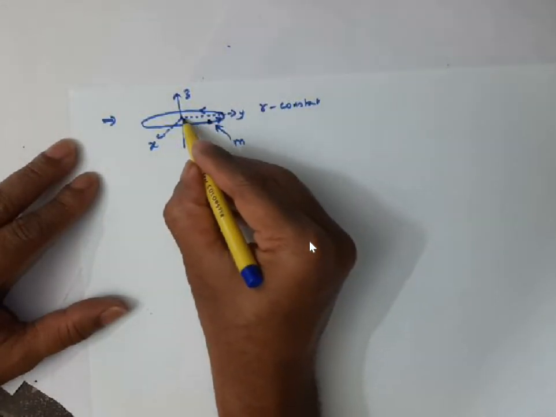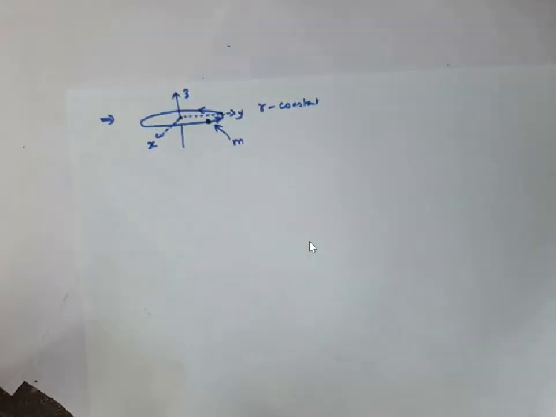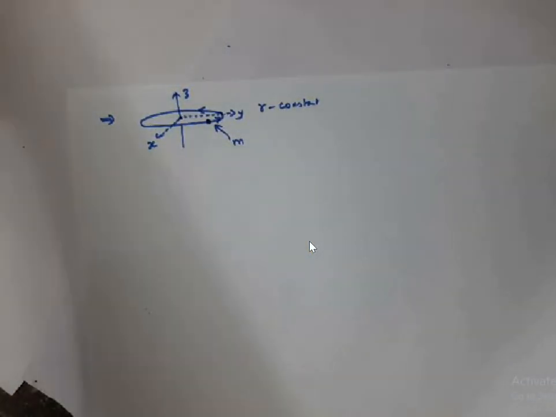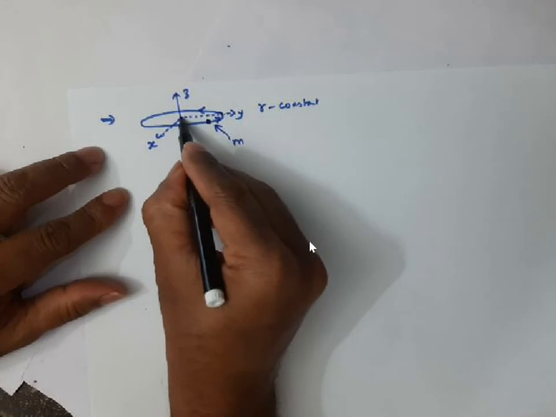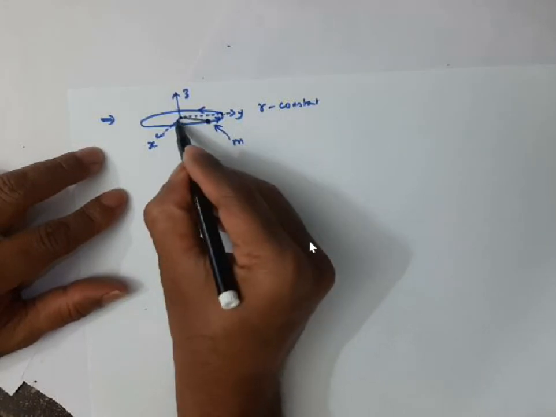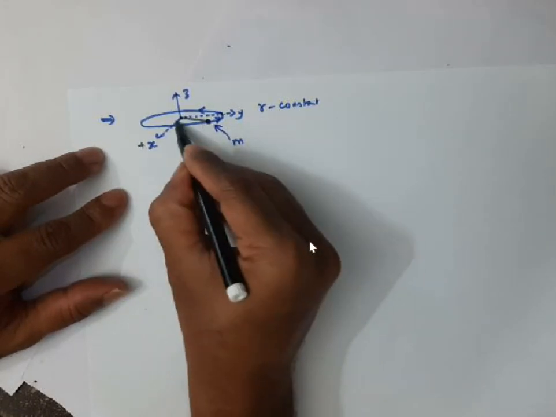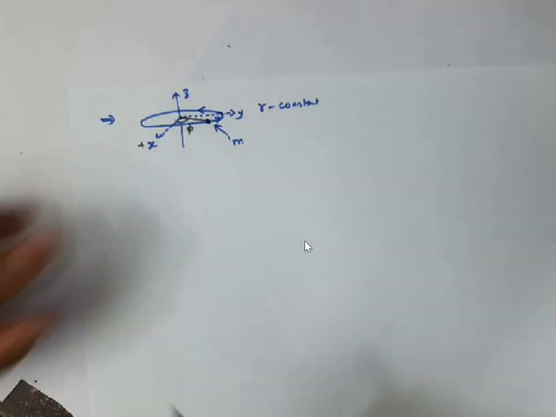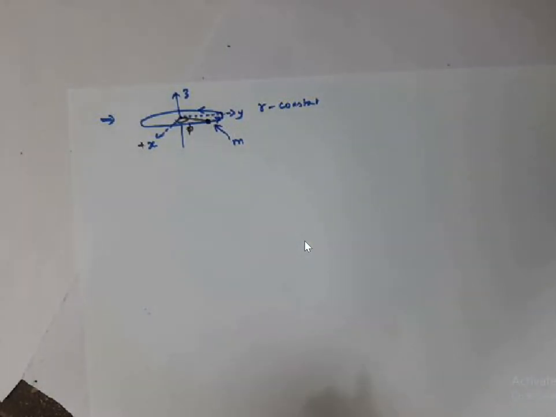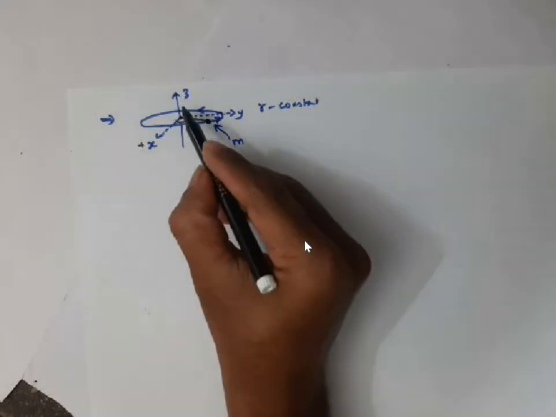Now I have a point here. Listen, if you join this origin to the point, the angle between plus x to this line is what we call the phi angle. So if this particle is moving only in this ring, in this case, what is theta?